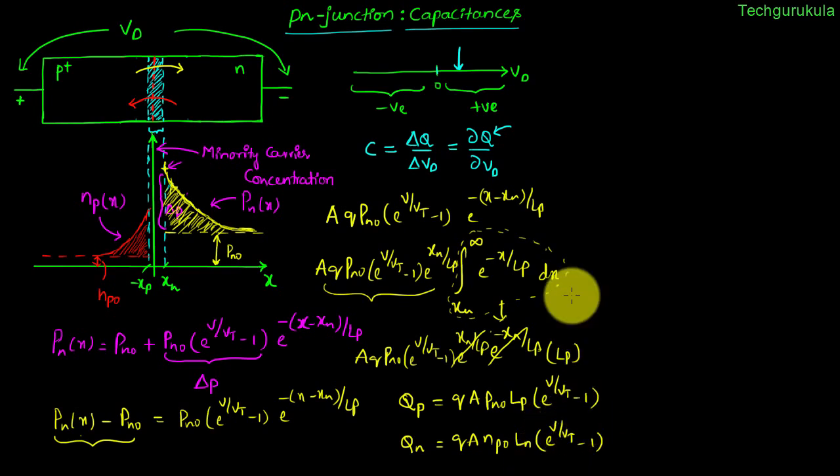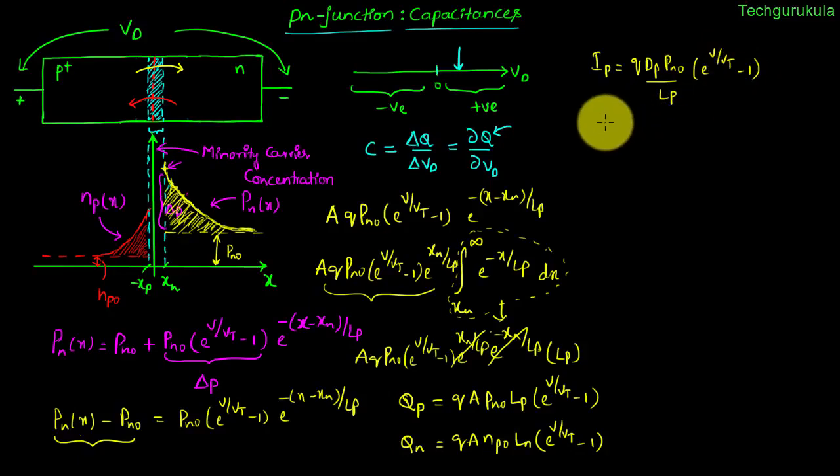In fact, we know the current because of holes, Ip, can be written as Q Dp Pn naught by Lp times e power V over Vt minus 1, and In can be written as Q Dn Np naught over Ln times e power V by Vt minus 1.